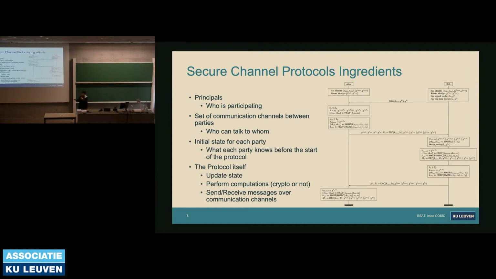And then we have the protocol itself, which defines how the state is updated at each principal, and when and how a party needs to perform a computation, when it has to send a message, etc. So this is an example of a protocol diagram.